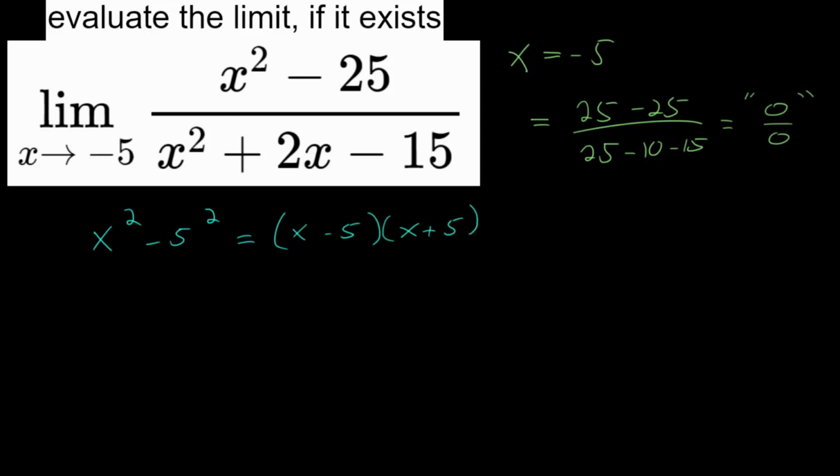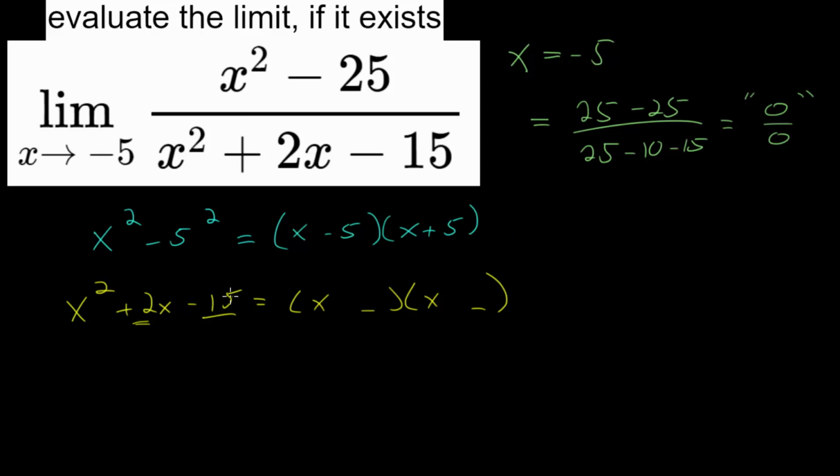And for our denominator, we can factor this into a product of two binomials, where the first term in each is x, since the coefficient on x squared is 1, x times x is just x squared. And these constant terms here would need to multiply to -15 and add to 2.